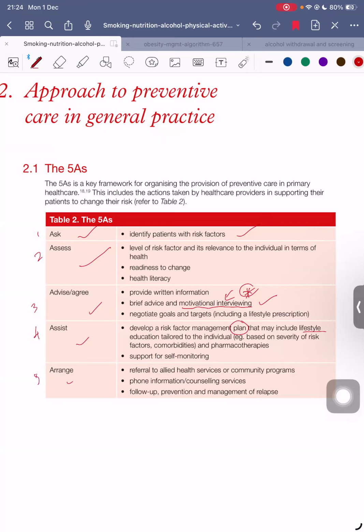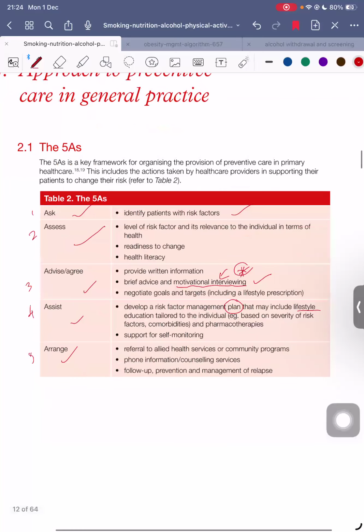Then the fifth one is arrange. How do we arrange it: referral to allied health services or community programs, phone information, counseling services, follow-ups, and prevention and management of relapses. These are the main 5 A's you should remember. Remember also that motivational interviewing and brief advice are AMC favorite parts.